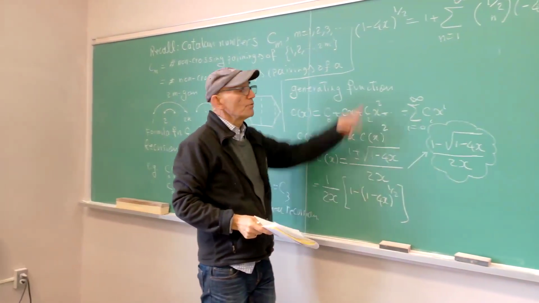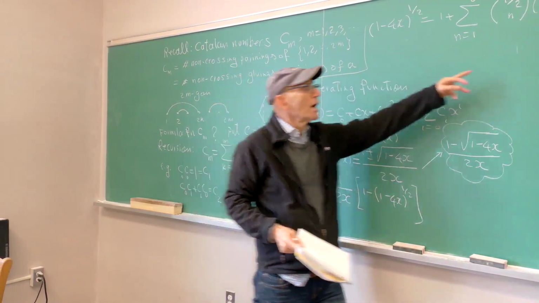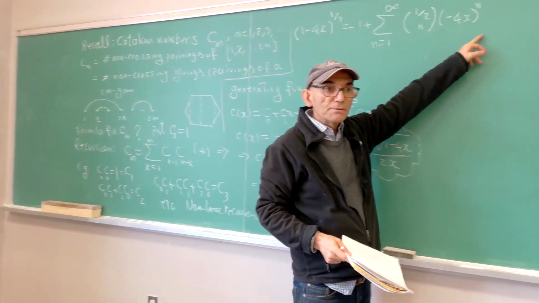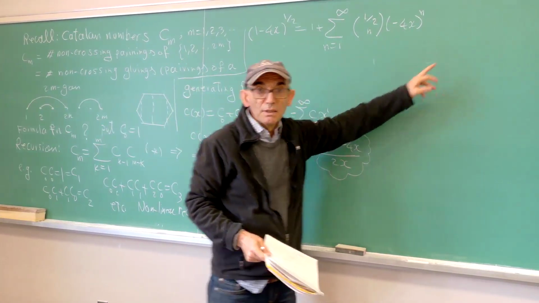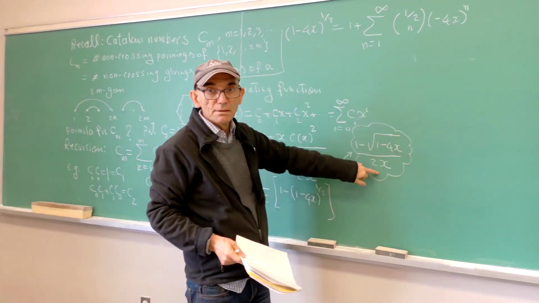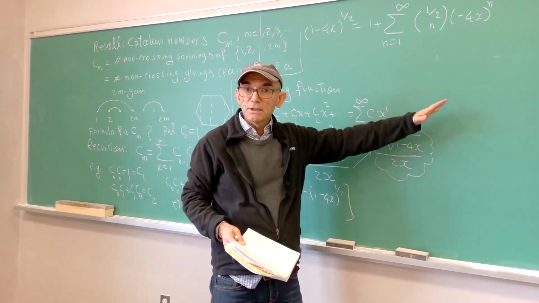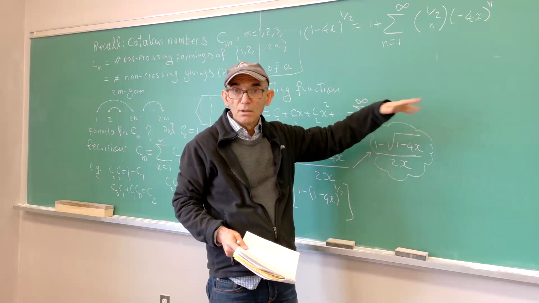And once you sum, that 1 and 1 cancel, and there is always a factor of x here because it starts with 1. That x also cancels this, and you get the power series in terms of x.